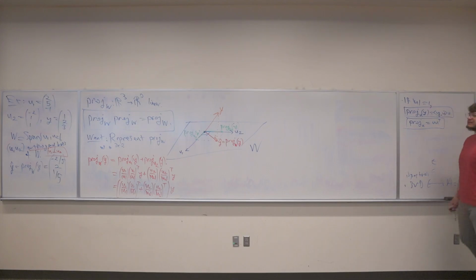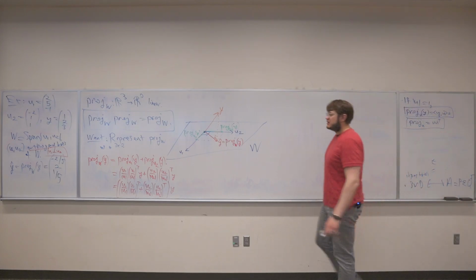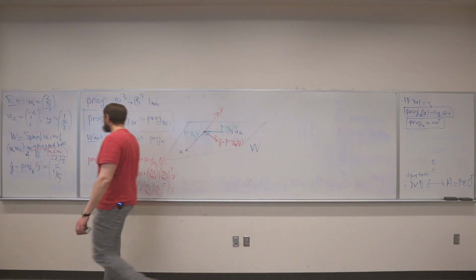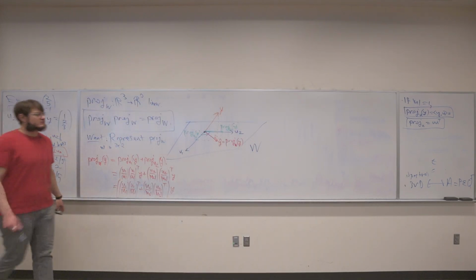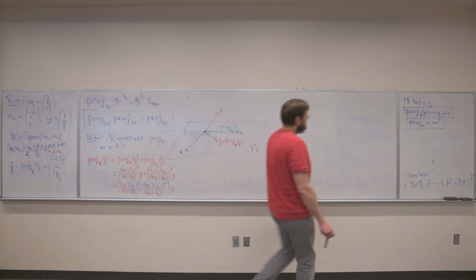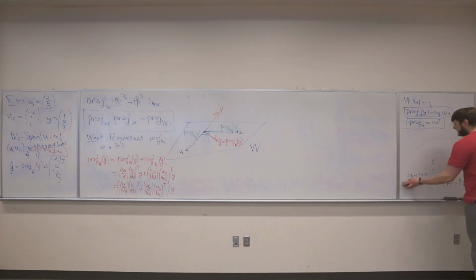More generally, if I have a subspace with an orthonormal basis, okay, it could be 2, it could be 15, whatever, then all I'm going to do is just add the corresponding one-dimensional orthogonal projections.